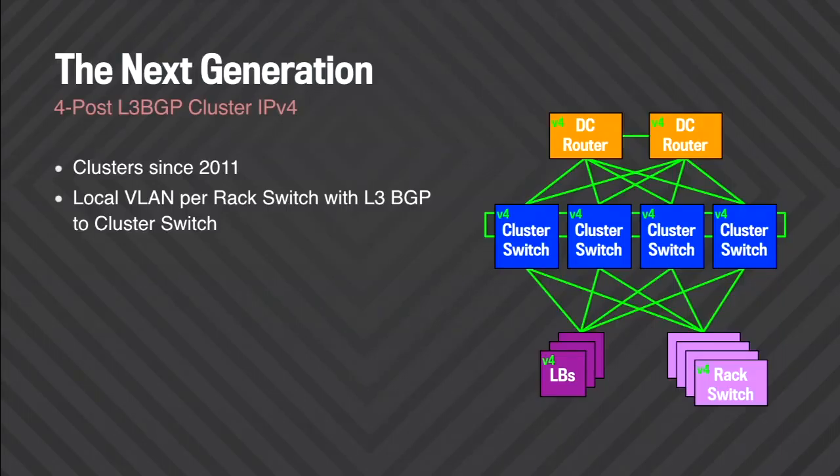So we still had the same /24 per rack switch, but instead of L2 up, we now had L3 BGP uplinks. From a resiliency standpoint, we got rid of just 2 cluster switches, and we now had 4 cluster switches. So it's a 4-post network. Trying to move to a 4-post, 75% utilization of the network, drive toward a lot better utilization of the cluster as a whole.